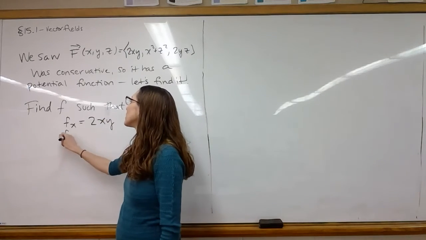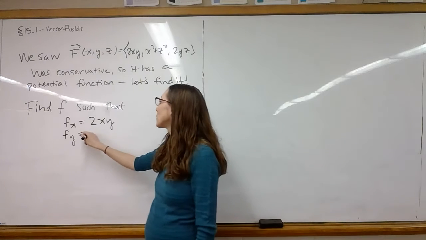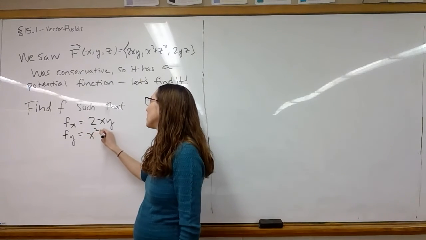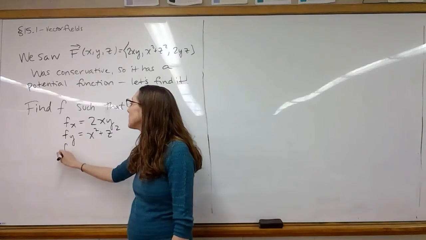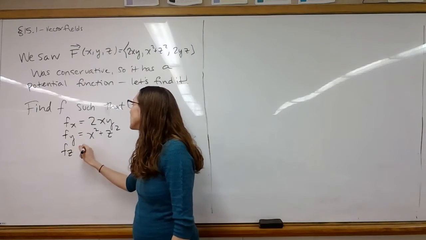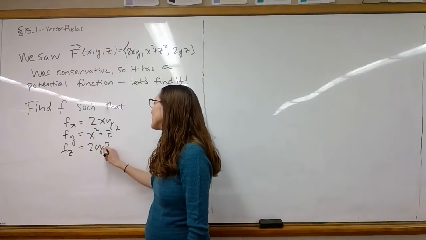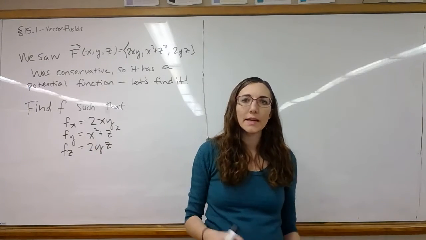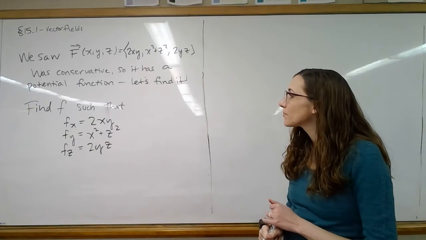The derivative with respect to y needs to be x squared plus z squared. And the derivative with respect to z needs to be 2yz. It needs to be those corresponding components of f.